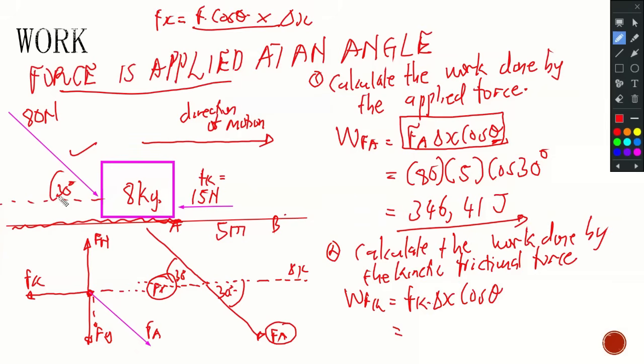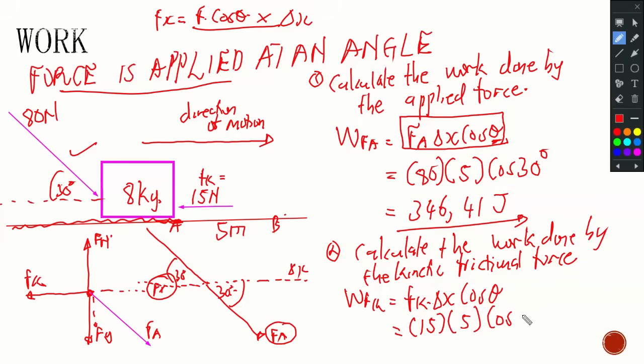So your kinetic frictional force, we said it's 15. We're going to have 15 covers a displacement from A to B of 5 meters. But then what is our theta here? I'm not going to use this 30 degrees. That 30 degrees has nothing to do with my Fk, has nothing to do with my normal force, has nothing to do with my gravitational force. It is only for the applied force. Note that, right?